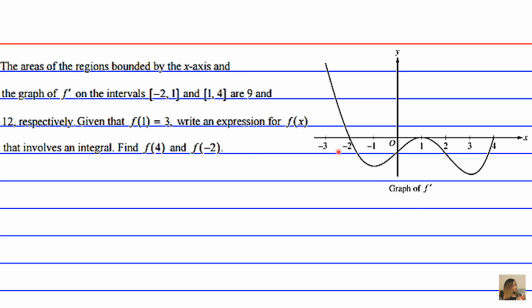If we're given a continuous function, here we're given not just any old function, we're given the first derivative, or f prime, of a function. But a derivative is still a function in and of itself.